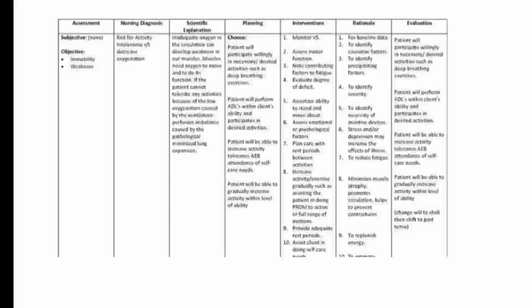If there is no acute phase, there can be a risk, or a potential diagnosis. So we have to help the patient in their daily living activities. We have to encourage the patient for range of motion exercise or passive exercise, and instruct the patient for deep breathing exercise. So those are the diagnoses.